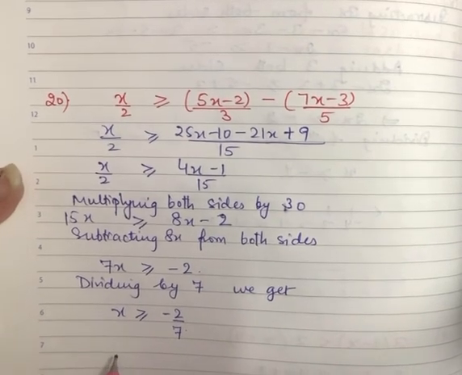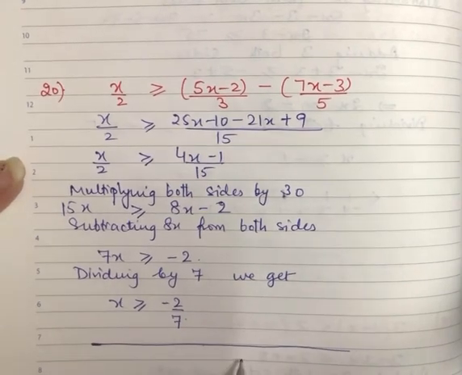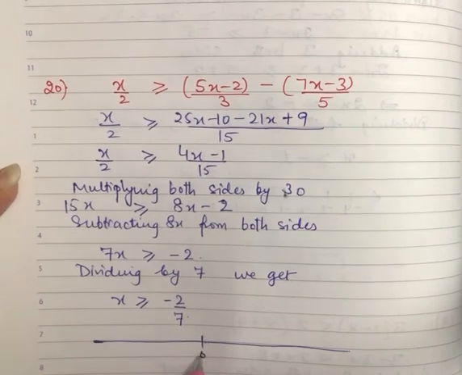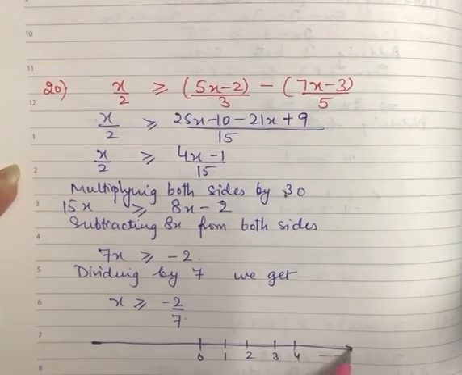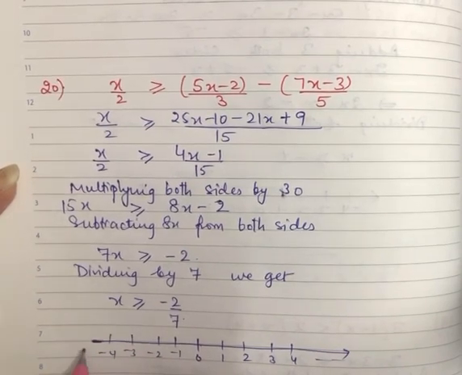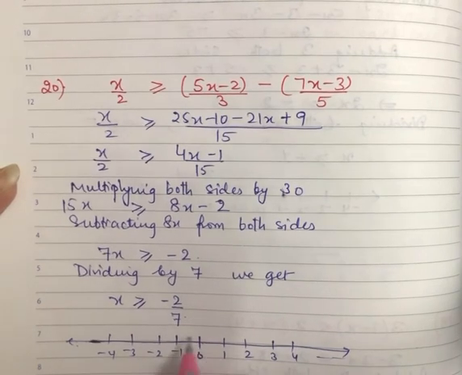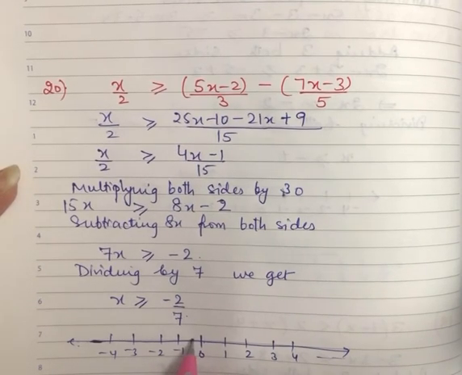So now we plot it on the number line. 0, 1, 2, 3, 4 and so on, and minus 1, minus 2, minus 3, minus 4 and so on. Now minus 2 by 7 lies between 0 and minus 1, maybe somewhere here.